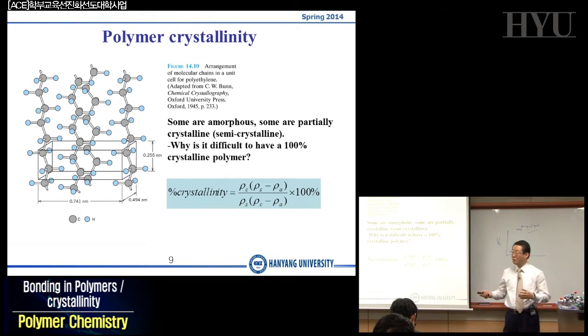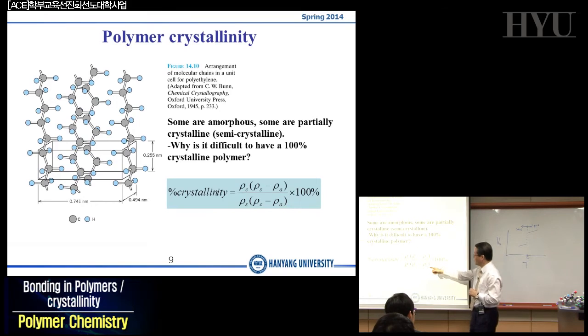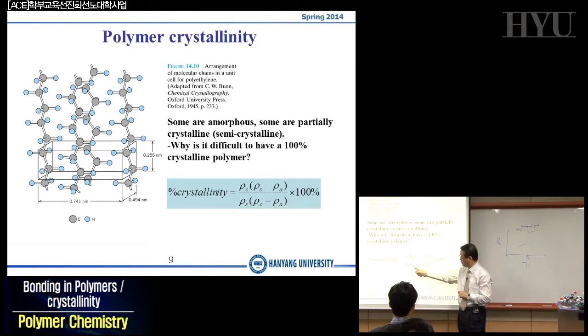So, for example, you have a polyethylene. Rho C is the case where you have 100% crystalline material. So if you have a sample of polyethylene with 100% crystallinity and measure its density, this is what we call rho C.